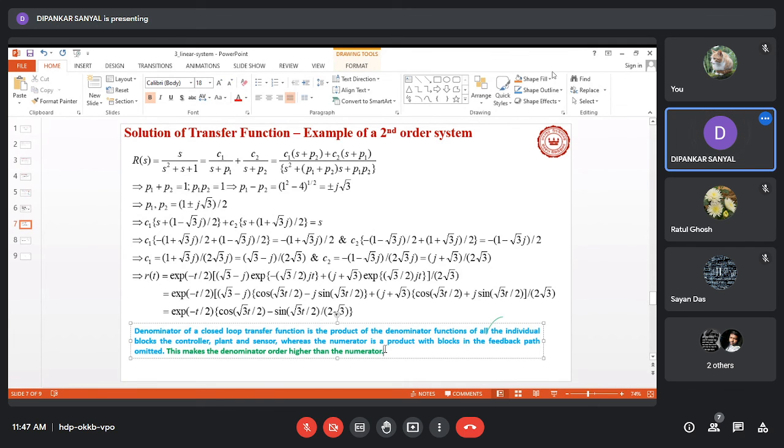So with this, I conclude this part, because with the time that I had up till now, I could not prepare the transparencies for the remaining part.